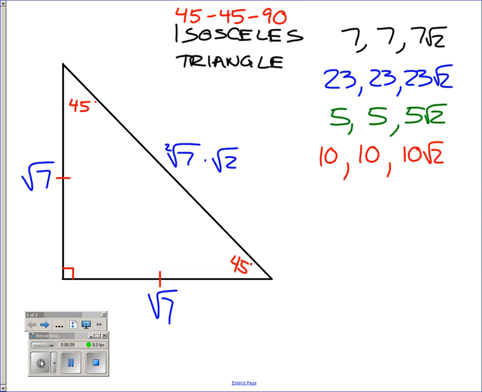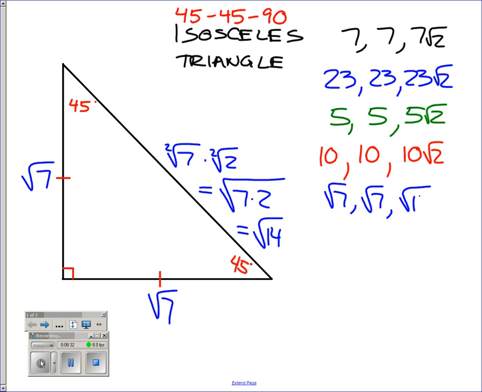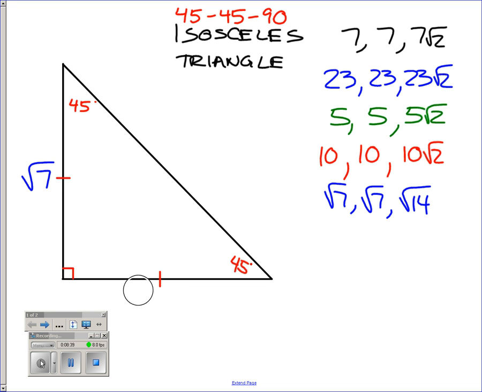This is a square root here, it's a square root here, and when no number is up there, it's always implied a 2. This is the square root of, see, now we can multiply these radicands underneath. That's the square root of 14. So here's another right triangle, isosceles right, and again, the side lengths there are root 2 times bigger than the legs.